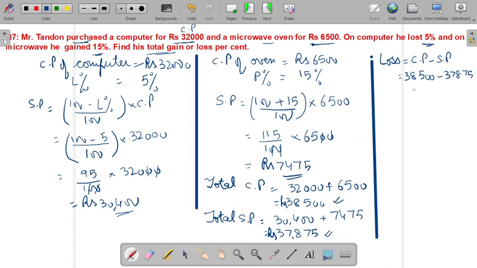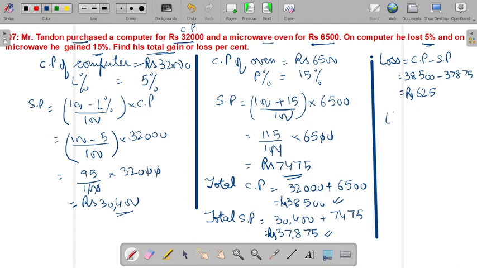So how much would it be? This is coming as 625 rupees. So the loss is of 625 rupees.